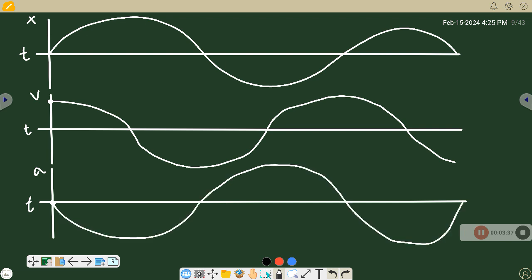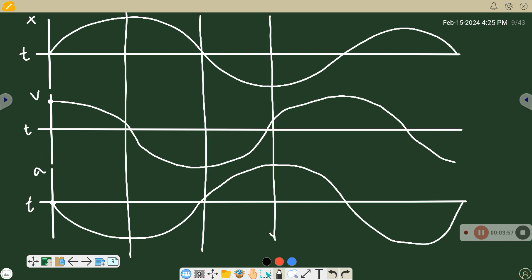Okay, so where our position versus time graph was sine, velocity versus time was cosine, and acceleration versus time is a negative sine graph. Now, what I really want to point out are these key points lining up here and here, similarly as here and here.